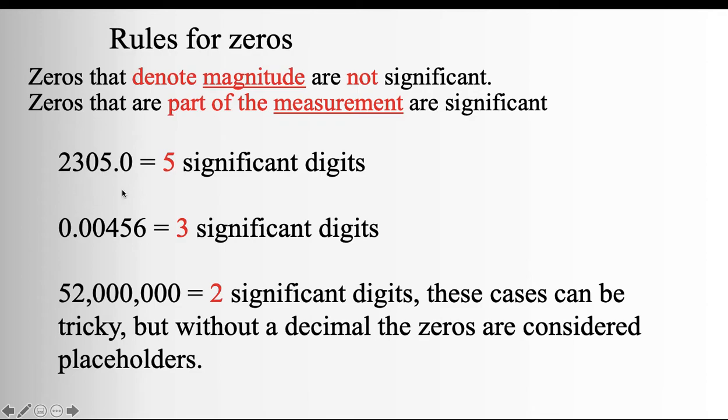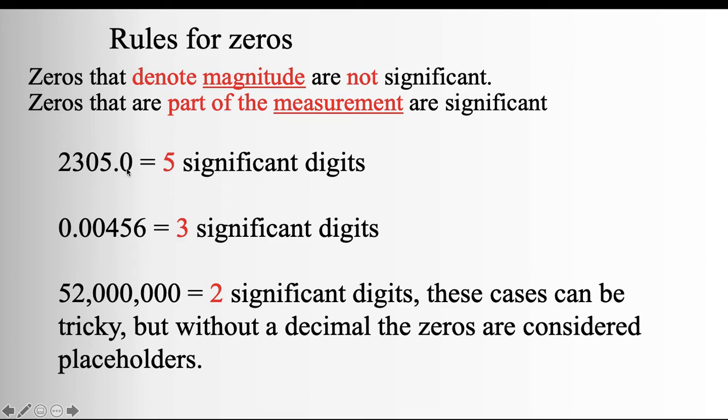What do I mean? So let's talk about this one, for example. This zero here is significant because it's trapped between two non-zero digits. Every non-zero digit is significant, and if you have a zero in between non-zero digits, that zero becomes significant. So we know that this one is significant.